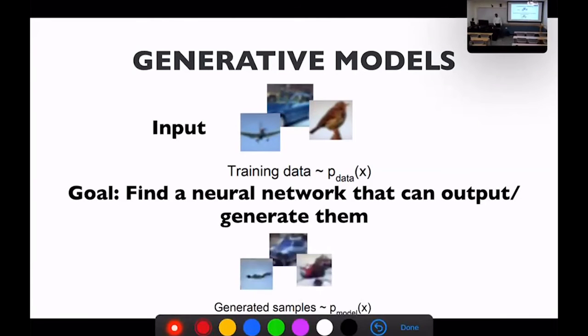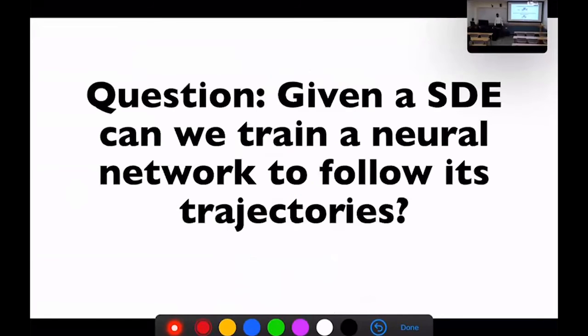Once you train them, you don't need the training data; you use the samples that the neural network generates. So what we consider in this work is, if you're given a stochastic differential equation, you need neural networks to follow its trajectories.